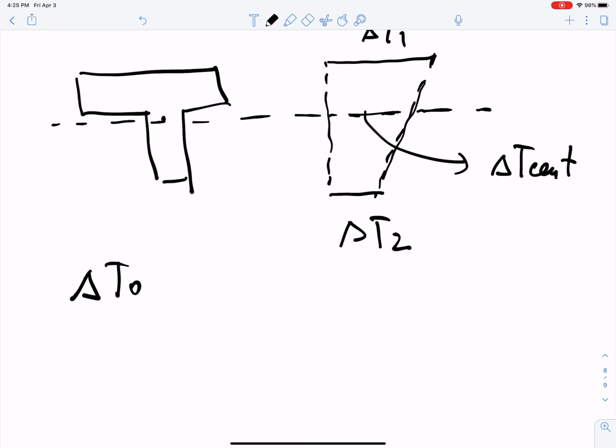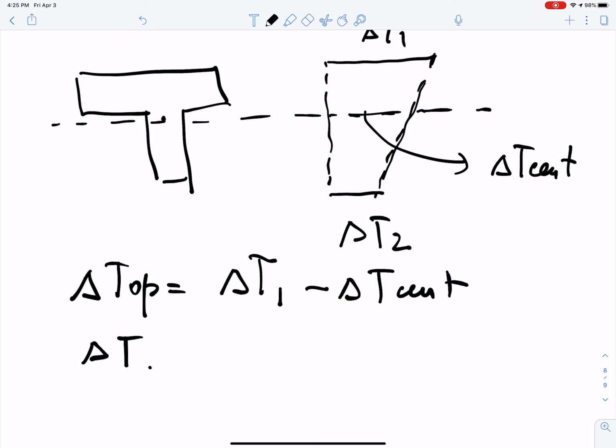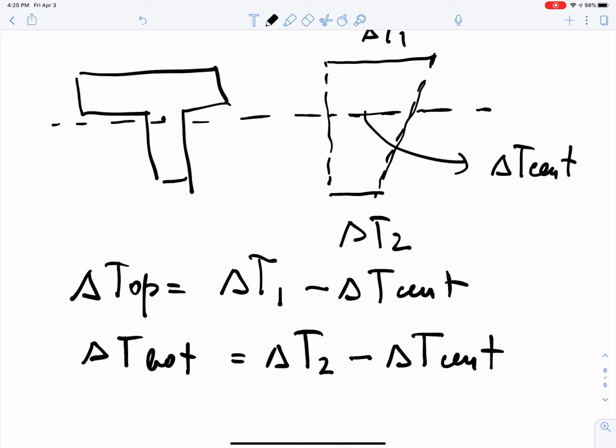Delta T top is going to be delta T1 minus delta T central, and delta T bottom is going to be delta T2 minus delta T central.